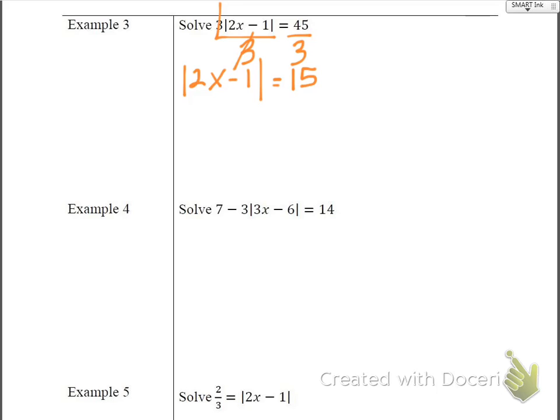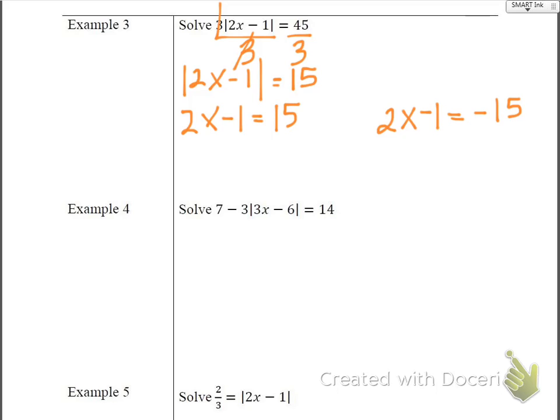Okay, so we're working on isolating the absolute value. If you guys take a look up here, I now have the absolute value by itself. There's nothing on the outside, right? So it's isolated. So we can take those bars down, and we set the inside, 2x minus 1, equal to positive 15, and 2x minus 1 equal to negative 15.